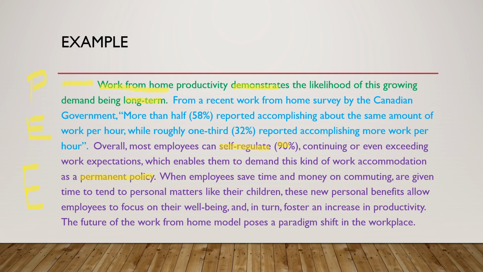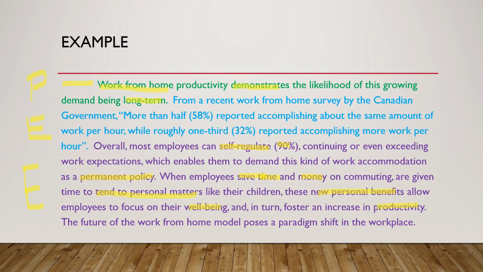So the idea is that I'm arguing that many employees are able to save time, save money, and tend to personal matters like their family, and these new personal benefits allow them to focus on their well-being, which increases productivity.